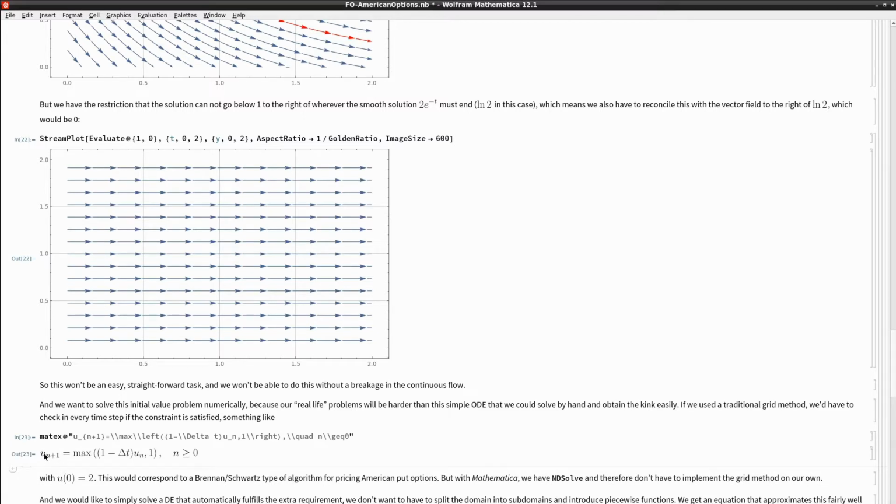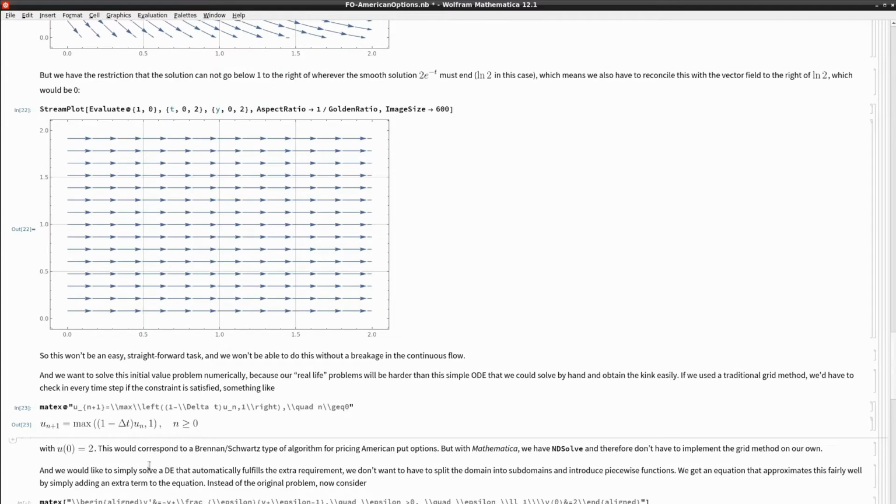Instead of computing u of n plus 1 directly from u sub n, we always have to check for the maximum of 1 minus delta t times u sub n, and 1. We need to take the maximum value of these two for our n. And this is done in many grid methods. This is how it is done in many American option pricing grid methods. This would correspond to a Brennan-Schwartz type of algorithm for pricing American put options.